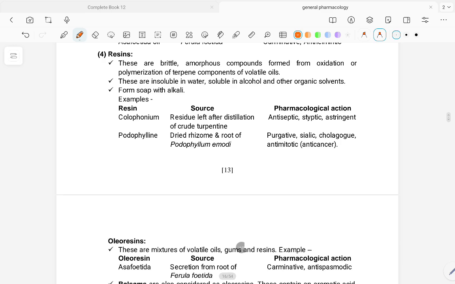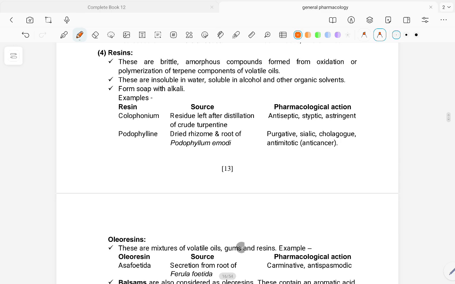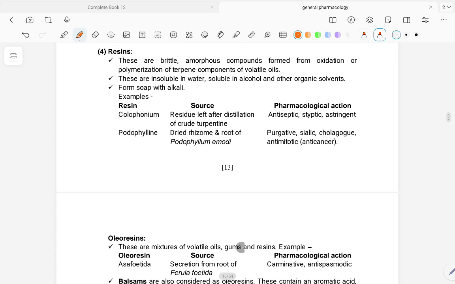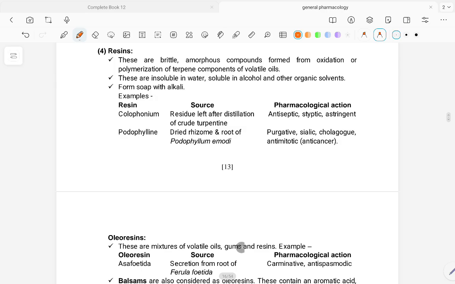Resin. These are brittle, amorphous compounds formed from oxidation or polymerization of terpene compounds of volatile oil. These are insoluble in water, soluble in alcohol and other organic solvents. They form soap with alkali. Example: resin, source, pharmacological action.